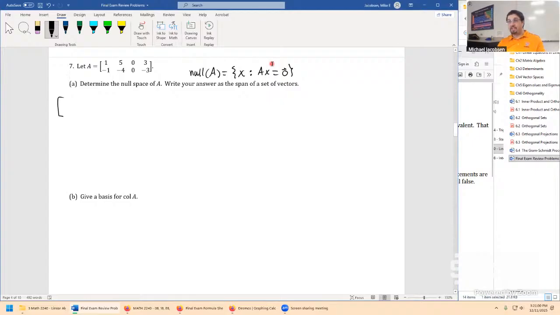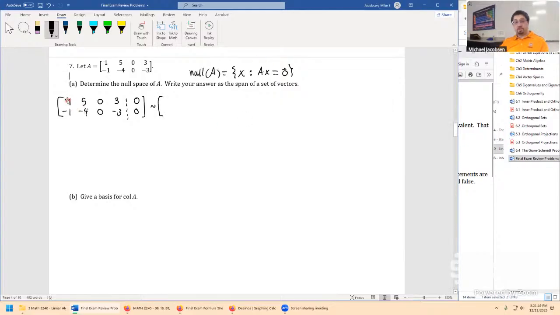I'm just going to take this, put it into an augmented matrix. 1, -1, 5, -4, 0, 0, 3, -3, augment with a zero vector, and then just start row reducing this thing.